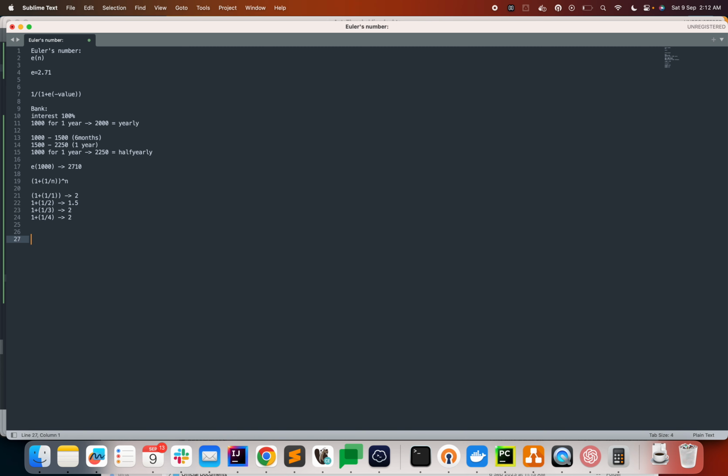Okay, so whenever you find e in any of your formulas or in the calculator, you should know that e of 2 means e to the power of 2.71, and why e means 2.71, we can blindly believe, right?